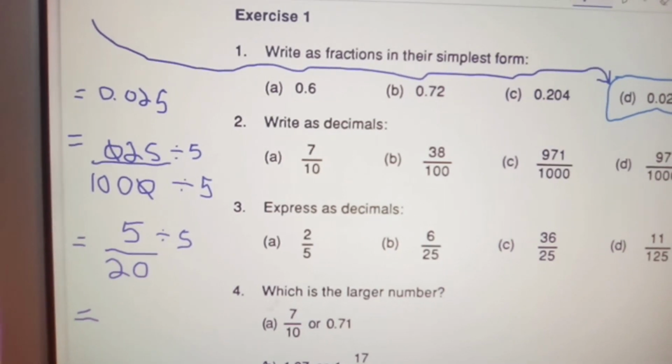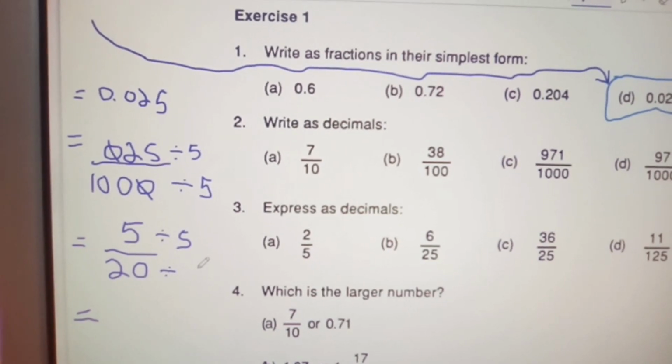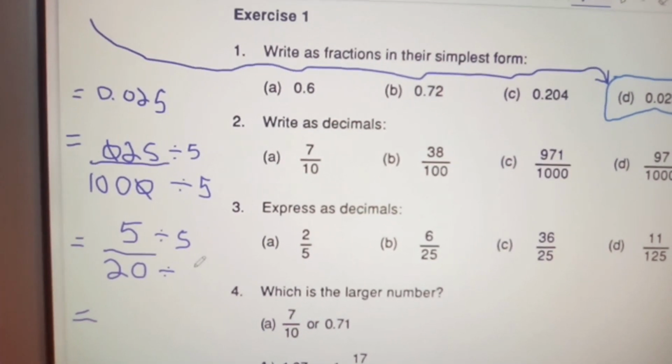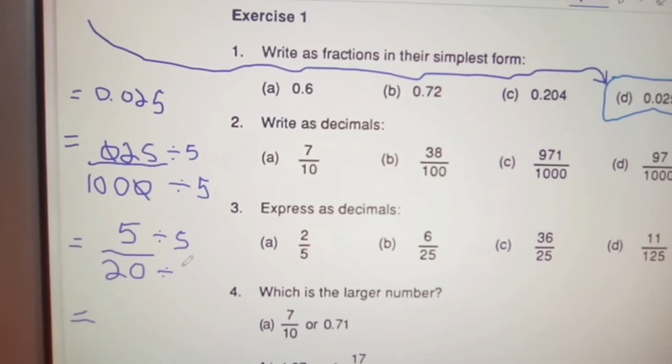Alright. Numerator, denominator. Okay, so we're going to divide that 20 by 5 also. It's okay, I had to be sure that there was no misunderstanding in any additional lines in my calculations. Okay, thank you.